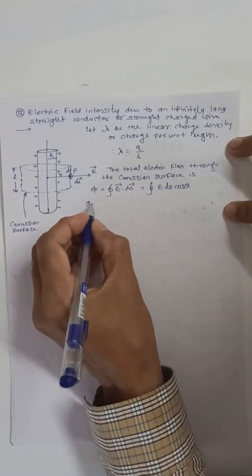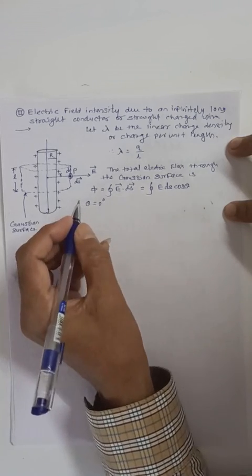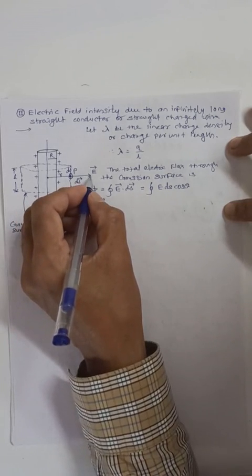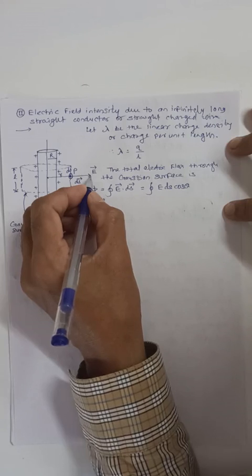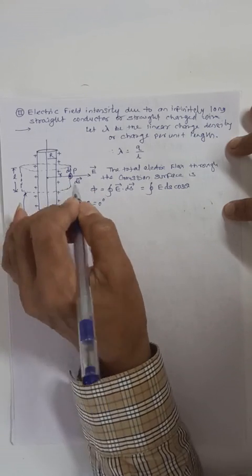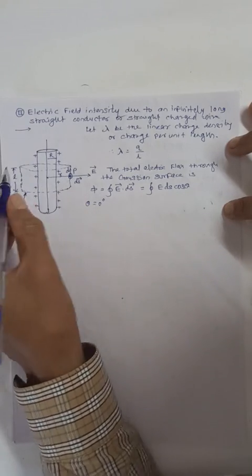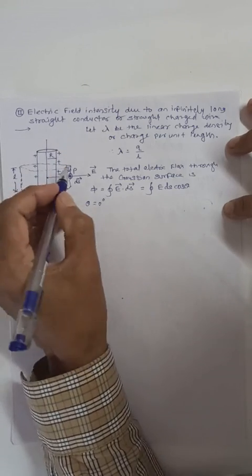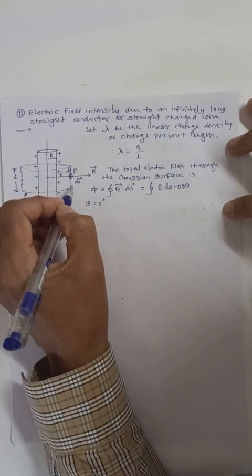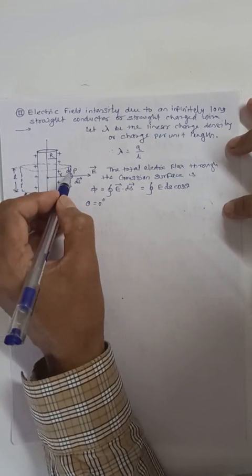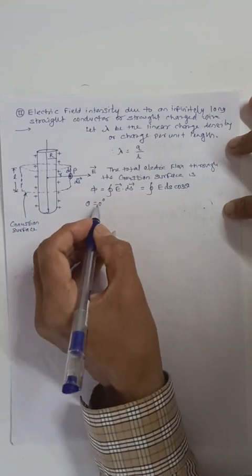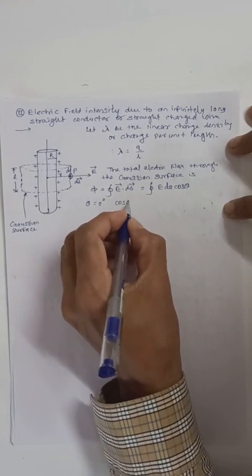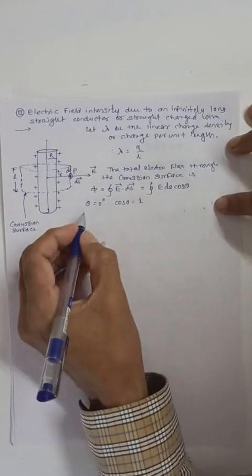Again here theta is equal to 0 degree because ds and vector E both are directed along the same direction at every point on the Gaussian surface. Theta is equal to 0 degree and cos theta is equal to 1.